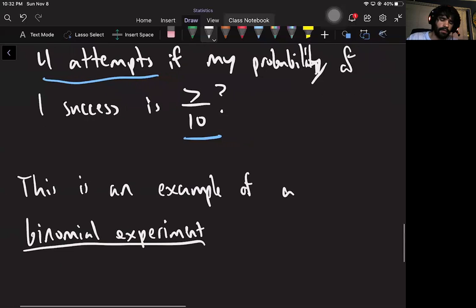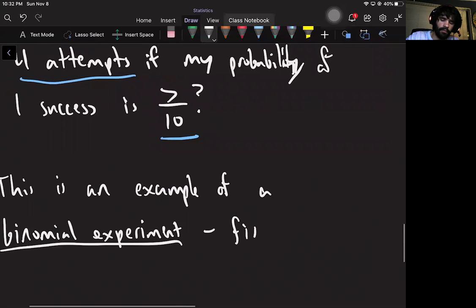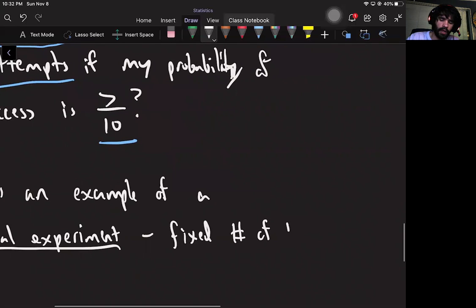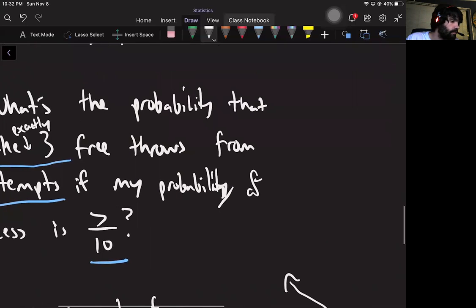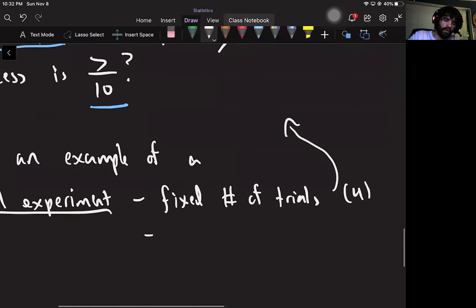So what that means is that you have a fixed number of trials. That's how many times you do the thing. So in this case, that's 4, because I'm trying 4 free throws. The outcomes are independent of each trial.